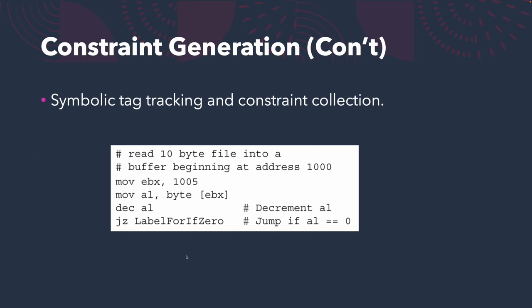And the final instruction is a jump instruction that transfers the control to label for 0. If the result is 0, the JS instruction will execute. So in essence, this code loads a value from memory into the register AL, decrements the value in AL, and then checks if the result is equal to 0. If it does, the control is transferred to the label for 0 jump.